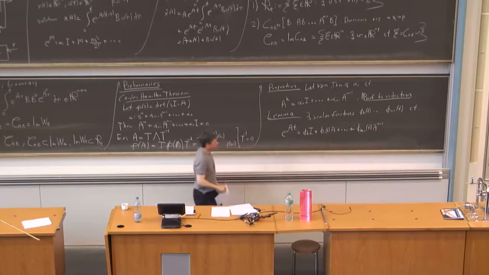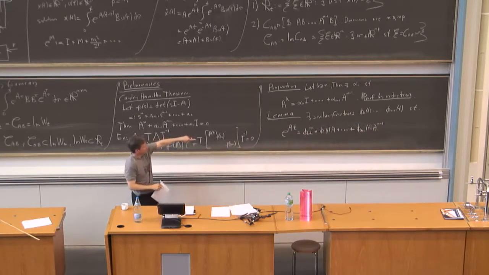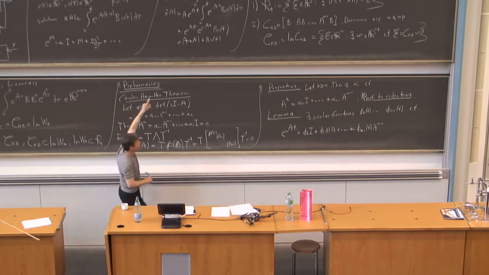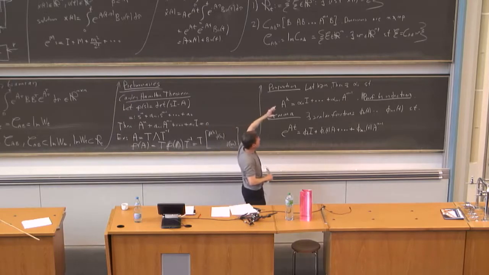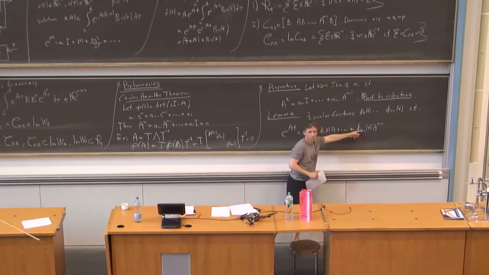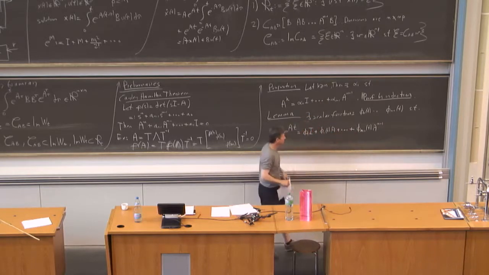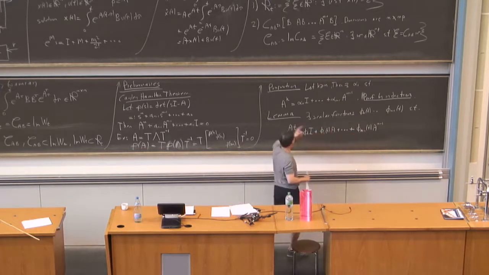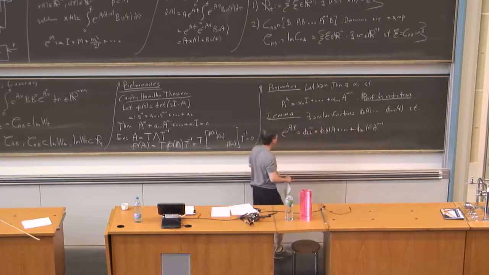This follows pretty much immediately by substituting the definition of the matrix exponential, taking all powers of A higher than n, expressing them in this way, and collecting all the t terms. We don't care what these functions are. You can easily work them out from the definition, but it's not that important.